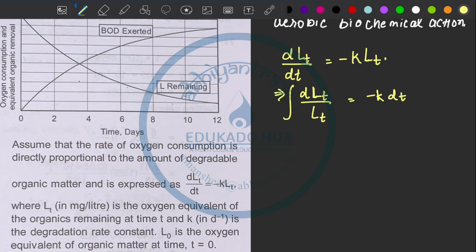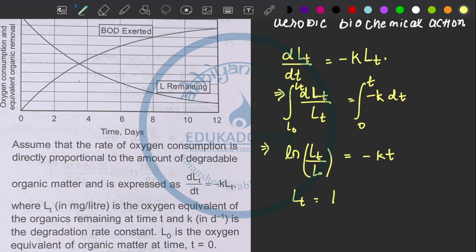And if I integrate both sides, this is from L0 to Lt and this is from 0 to t, I get ln(Lt/L0) equal to minus kt. So that gives us Lt is equal to L0 e to the power minus kt.